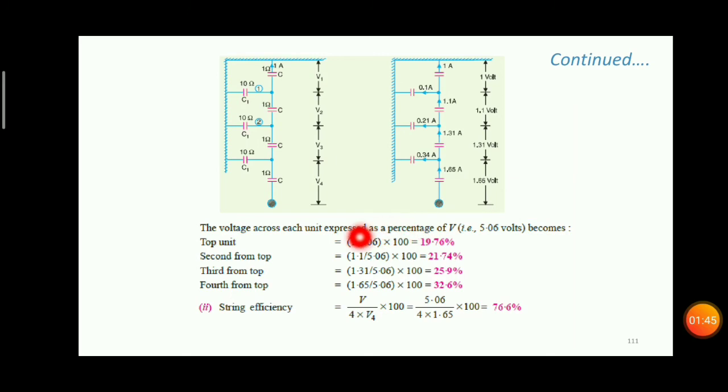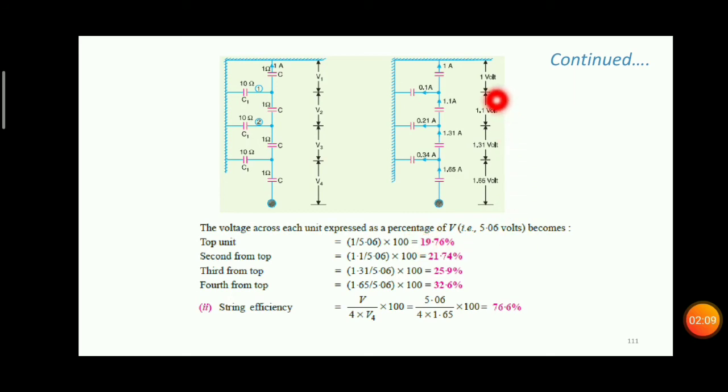Now we can find the voltage across each unit expressed as a percentage of total voltage. Total voltage is 1 plus 1.1 plus 1.31 plus 1.65, which is 5.06 volt. So the voltage across the top unit is 1 by 5.06 into 100, that is 19.76%.